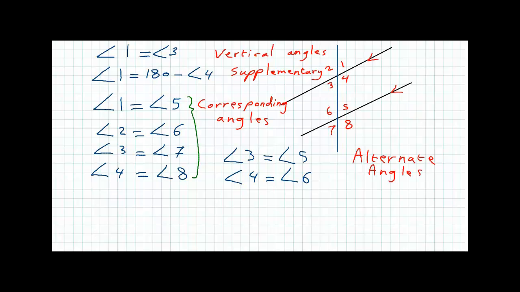But these angles are alternate from inside the intersection, so we can call them interior alternate angles, and there are exterior alternate angles between angles 1 and 7, and angles 2 and 8. So these are interior alternate angles and these are exterior alternate angles, and the relationship is equality between them.